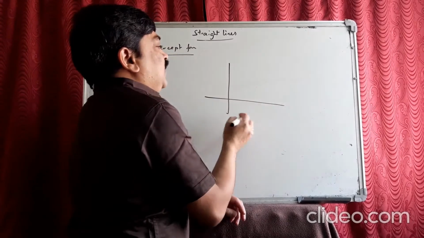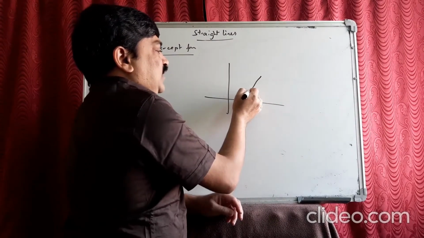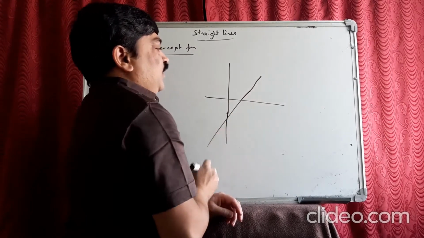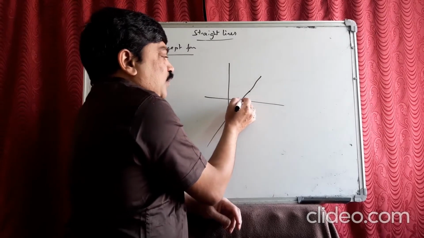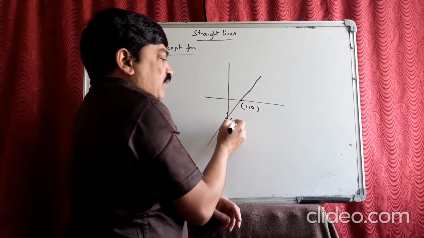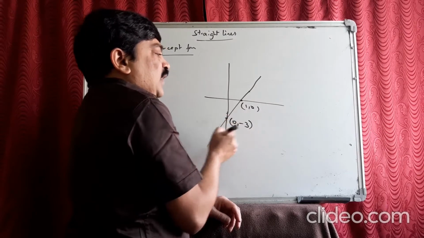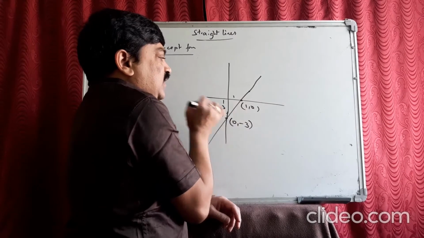Suppose you extend this line. If it is meeting the x-axis at 1, 0 and the y-axis at 0, -3, then the x-intercept is taken as 1 and the y-intercept is taken as 3.